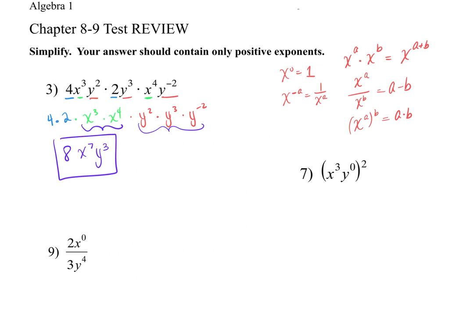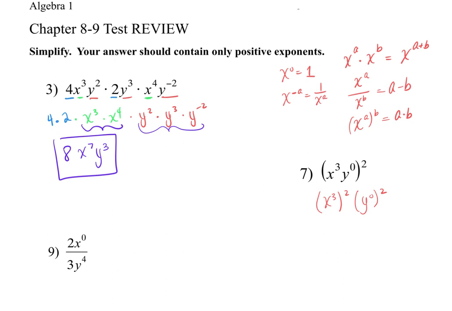For number 7, I'm going to take everything to that second power, which means I'm going to multiply these. If I had a number in front, it would be the number to the power. You're not multiplying the numbers. So if this were like 2x cubed y to the 0 power, I would have 2 squared, x cubed squared, y to the 0 power squared. So you can think of everything inside to that second power.